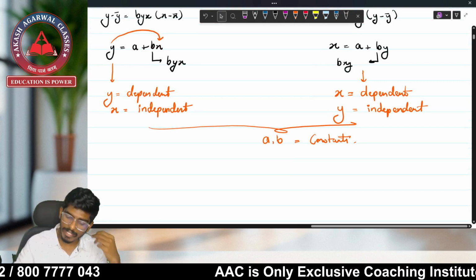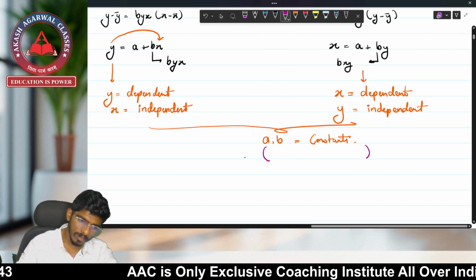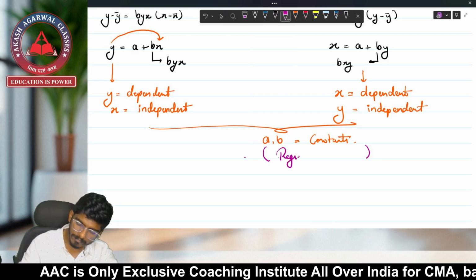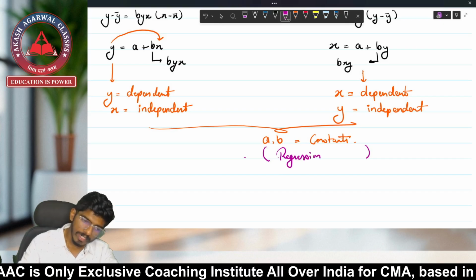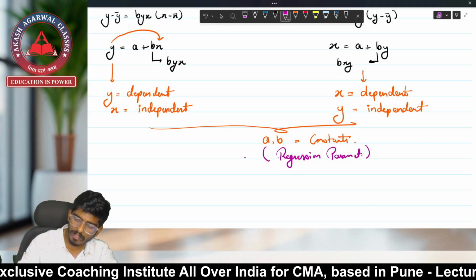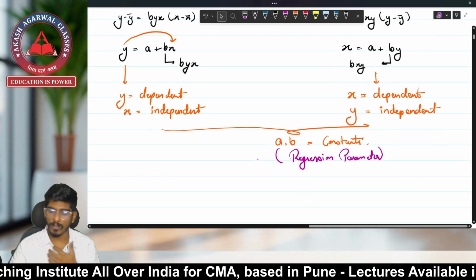Constants. And they are known as regression parameters.